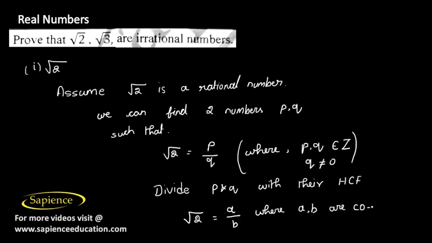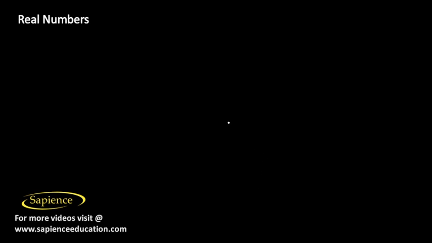Co-prime means a and b are numbers which do not have any common factors.